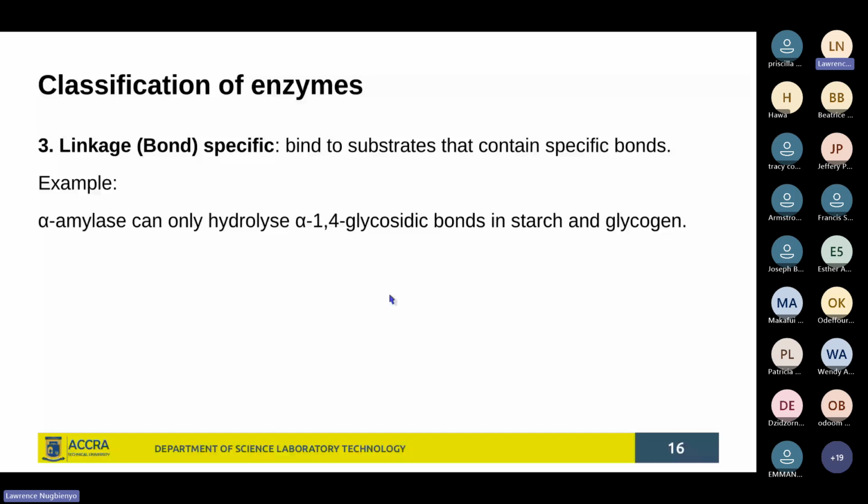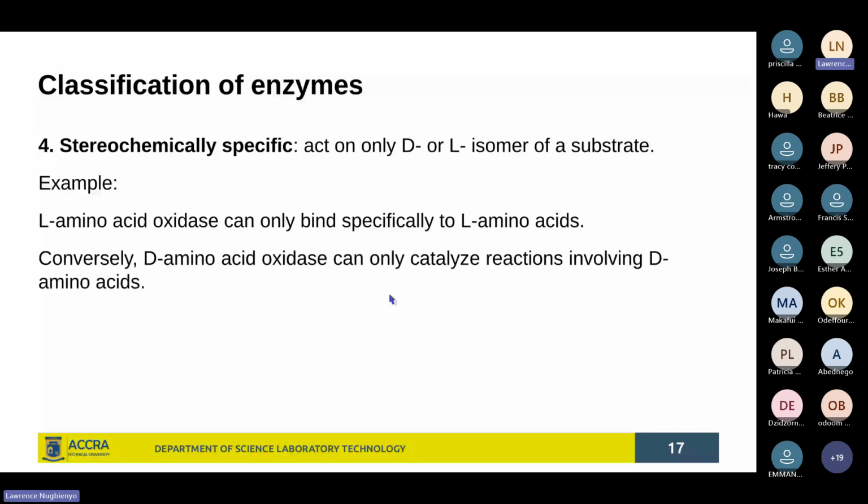It is that bacterium that breaks down the cellulose, because it has the enzyme cellulase that can break down the beta-1,4 glycosidic bonds. So there is also that classification of enzymes based on bond specificity.